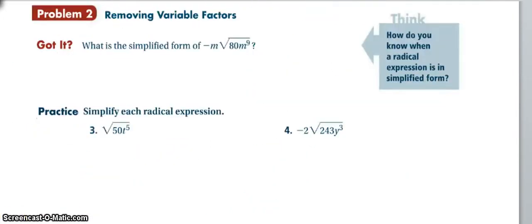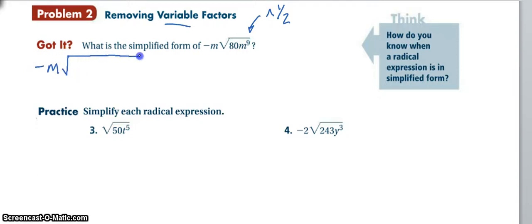Hopefully something else you've gathered from the Pearson module is that a square root, a radical, is essentially like a power of 1/2. So what that does to variable factors that have powers is we want to get that variable to an even number, so then I can take half of it. So we could rewrite this as negative m, and let's look at the 80 as well.